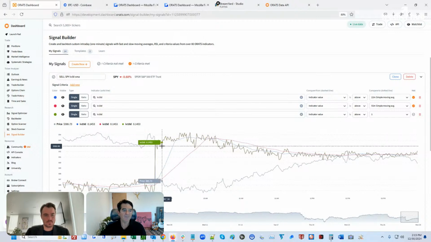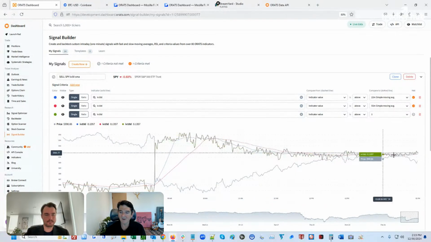So again, the neat thing about ORATS and the backtester signal builder is that you could see on a minute by minute basis, we're continuously updating all these constant maturity implied volatilities and relationships, pretty telling data points that could help you trade intraday.